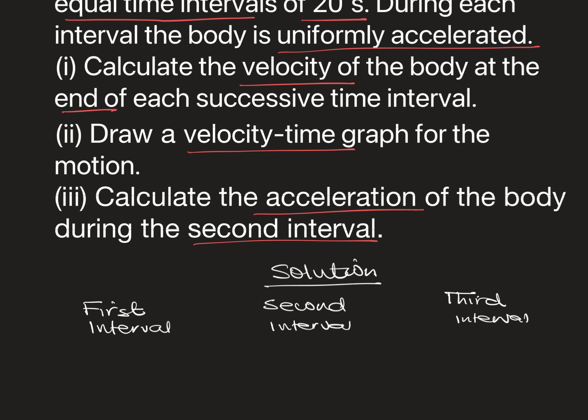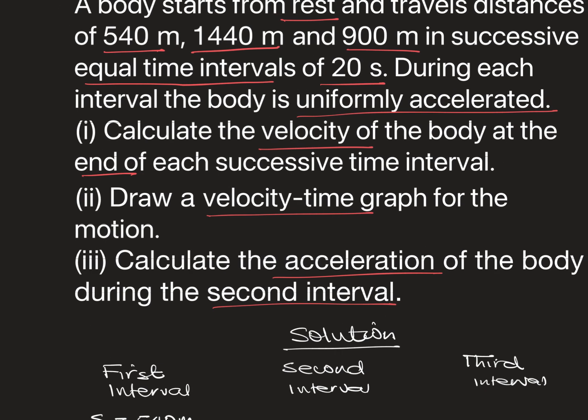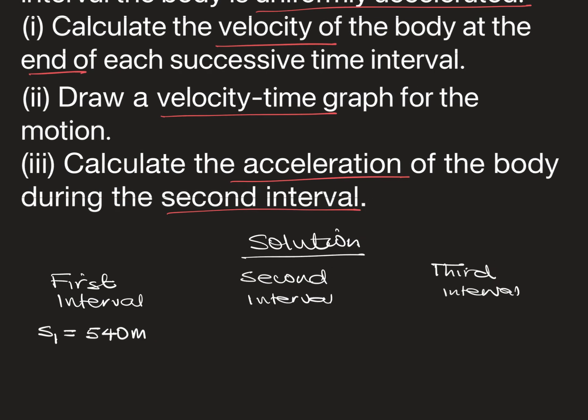So for the first interval, the first distance that is given is 540 meters. The second interval, the body covers a distance of 1440 meters. And for the third interval, the body covers a distance of 900 meters.